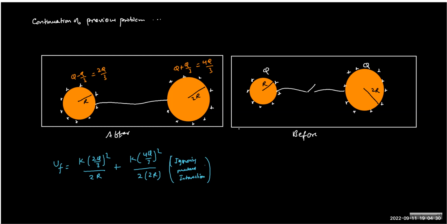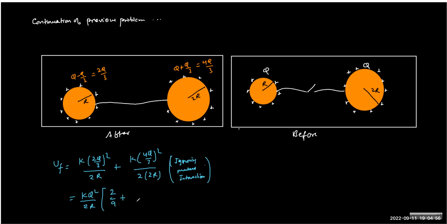If they give you the separation, it means they expect you to write the mutual potential as well, which is not a difficult task. You have to just write one more step: K Q1 Q2 by separation. I hope this is clear. So this turns out to be, we can take KQ square by 2R as common. And this is 4 by 9 by 2, which is 2 by 9.